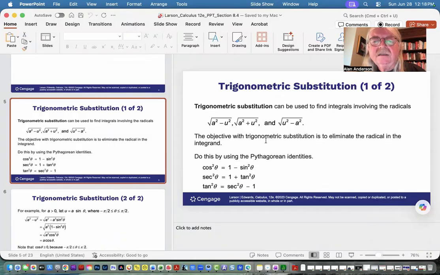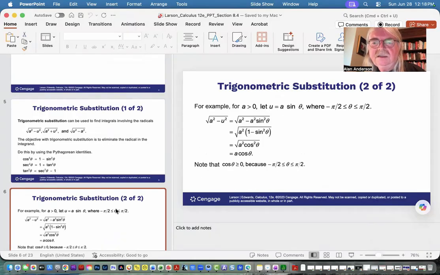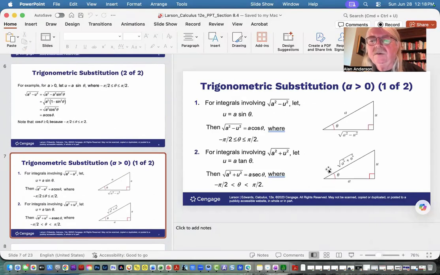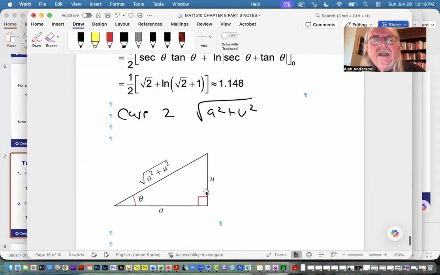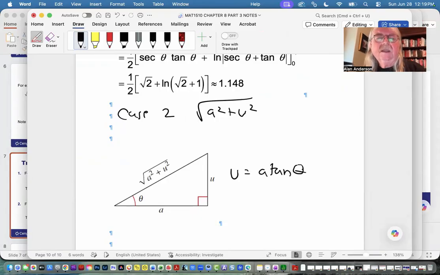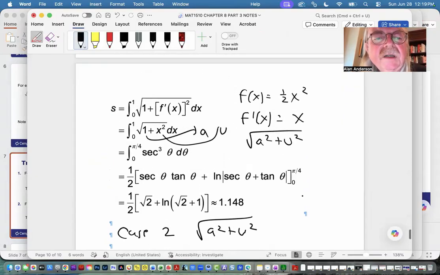It looks like the second one. Here we go. And the substitution here is u equals a tangent theta. All right, so here we have the integral.